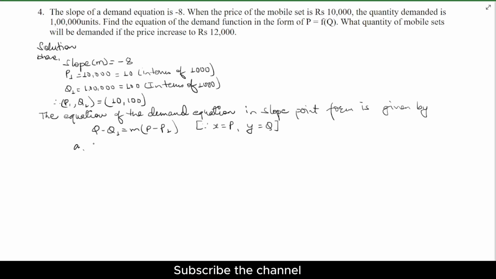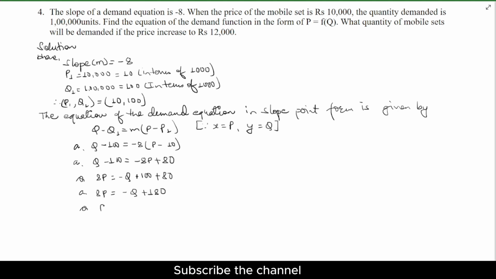We'll substitute the values: q minus 100 equals minus 8 times p minus 10, or q minus 100 equals minus 8p plus 80, or 8p equals minus q plus 100 plus 80, or 8p equals minus q plus 180, or p equals minus 1 over 8 q plus 180 by 8.